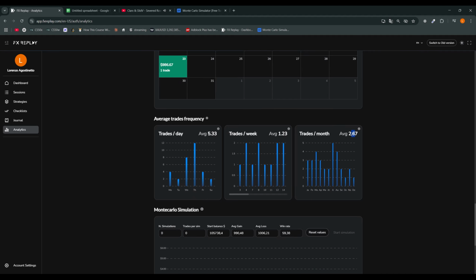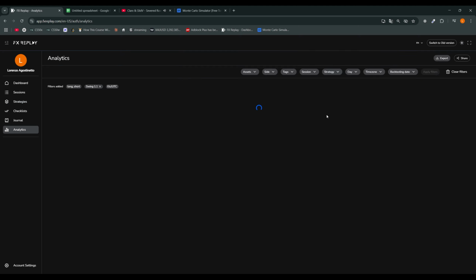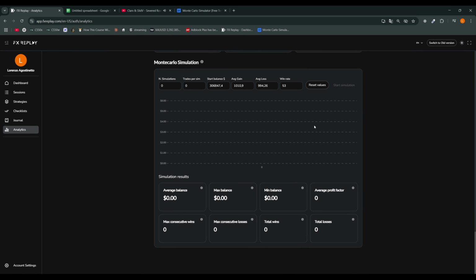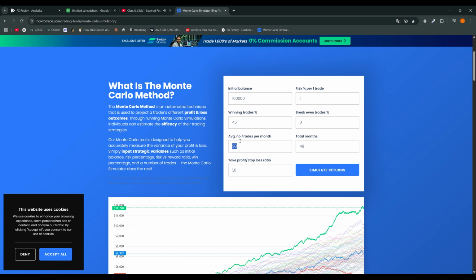If we look at average trades per month, if you want to multiply it by 3, because we have 3 pairs, it's 24 trades a month.